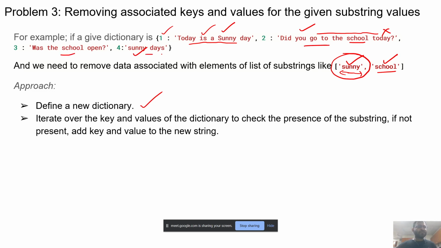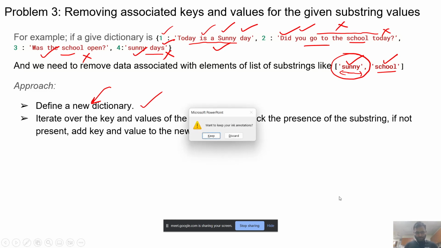In whichever elements we find it, we are not going to update those in the new dictionary. If we choose the keyword Sunny, we'll update this in the new dictionary, this one, and this one, and we are going to omit this one. Or if we see school, then we are going to update this, we are not going to update this, we are going to omit this, and we are going to update this one. So that's the whole idea.